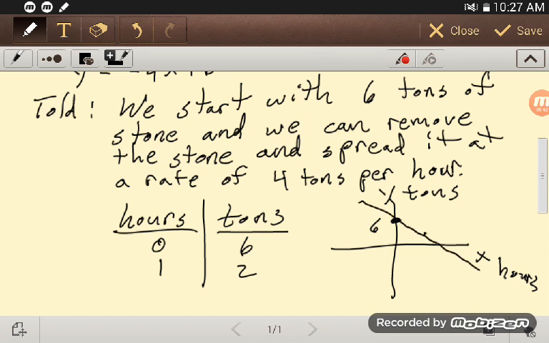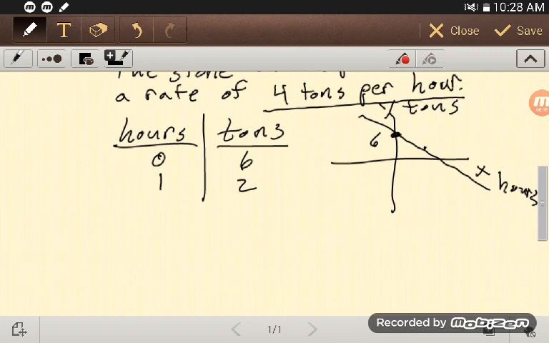We're talking about a line that goes like that if we assume this is a line. I'm going to assume it's a straight line, and it tells me the important part is the idea of the slope. It says I can spread it at a rate of 4 tons per hour. That's a constant rate of change, and that's what a straight line is.